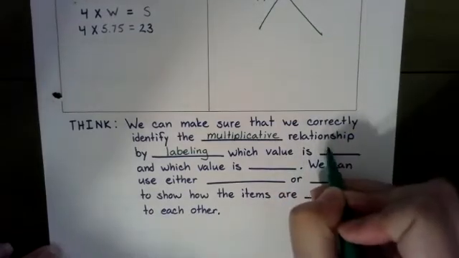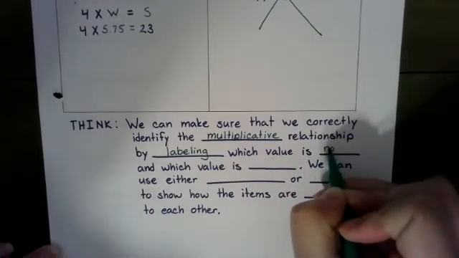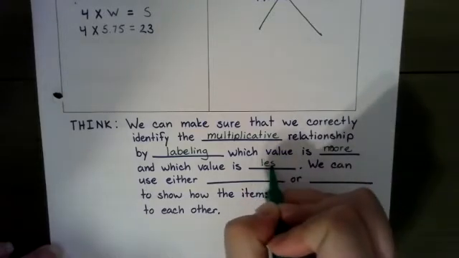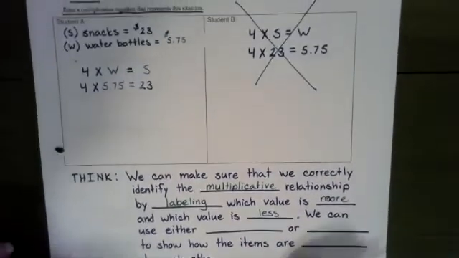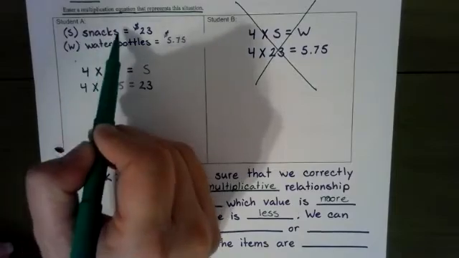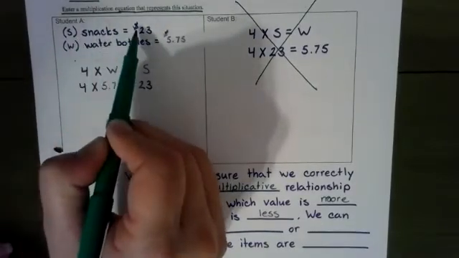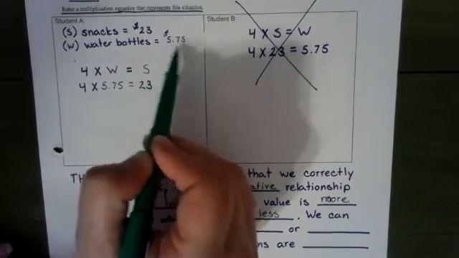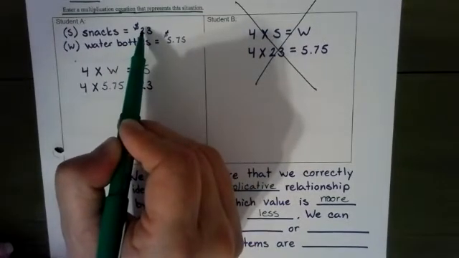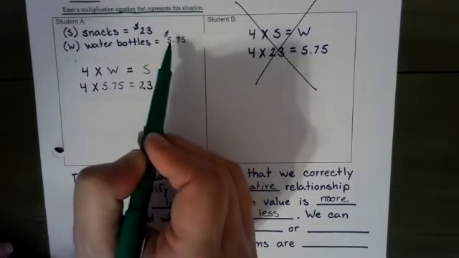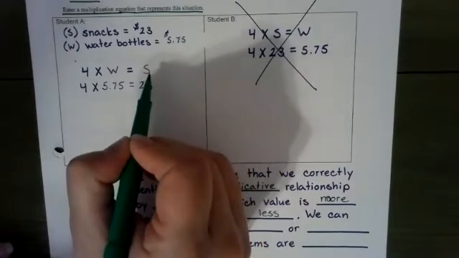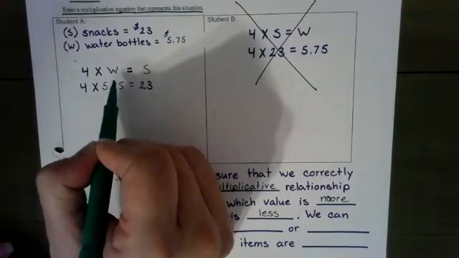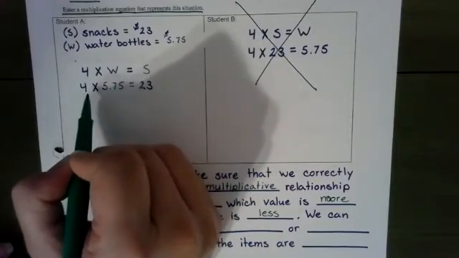By labeling which value is more and which value is less, you can see that student A wrote down the information from the problem. Snacks is equal to 23. Water bottles is equal to 5.75. Student A recognized that 23 was larger than 5.75. So 23 had to go here. And 5.75 was going to be used with the multiplier, which was 4.